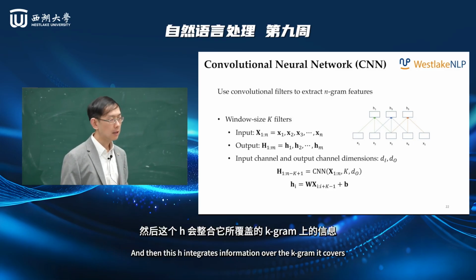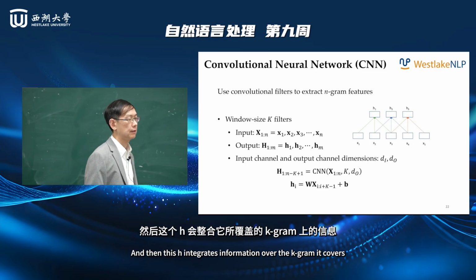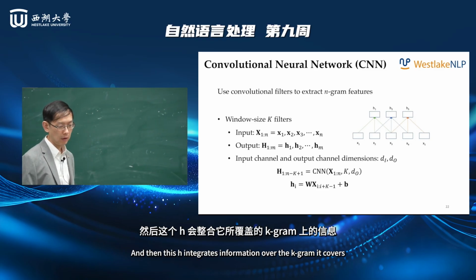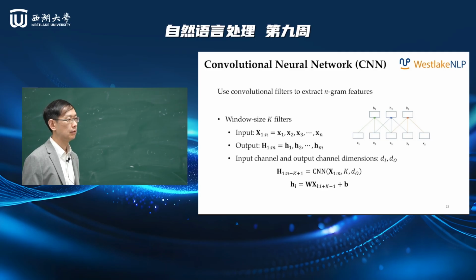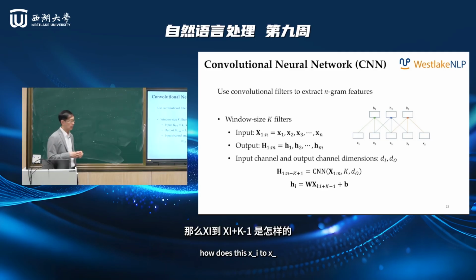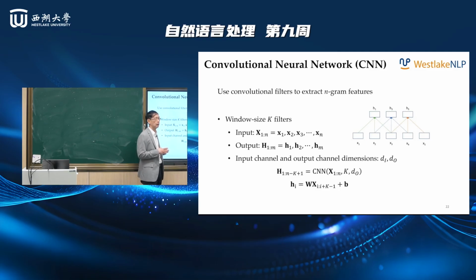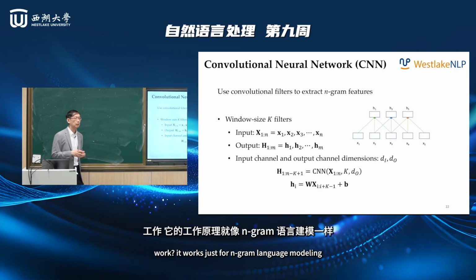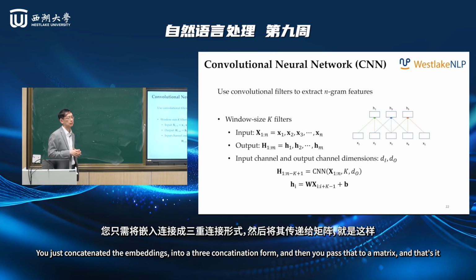Then this h integrates information over the k-gram it covers. So how does this xi to xi plus k minus 1 work? It works just like for n-gram language modeling. You just concatenate the embeddings into a 3-embedding concatenation form, and then you pass that to a matrix.